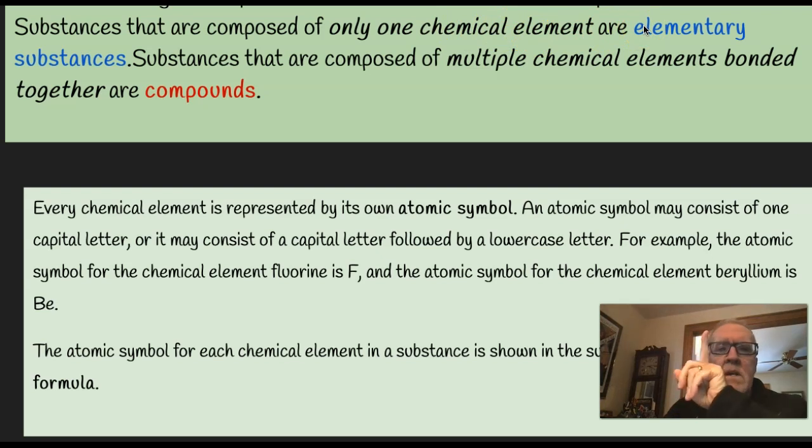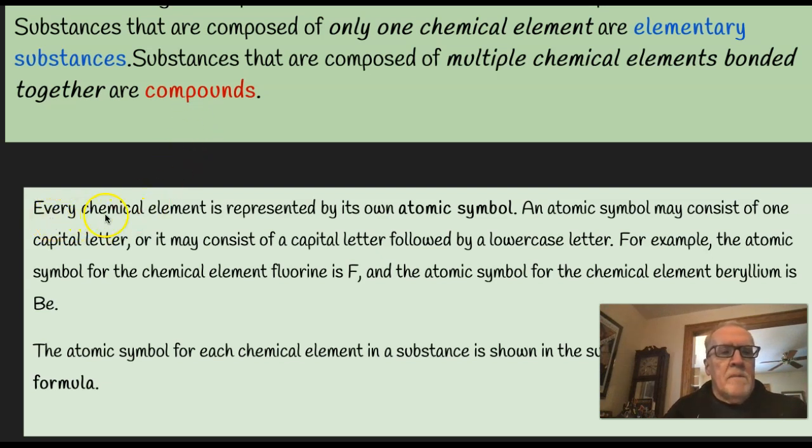They only have one element. Substances that are composed of multiple chemical elements bonded together are called compounds, which makes sense because you've heard the word compound as it relates to compound words, more than one word being put together, like backyard, back and yard, right? So it's more than one.